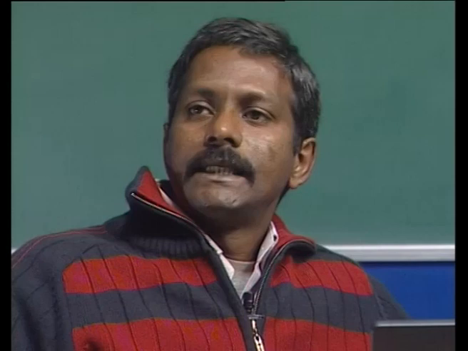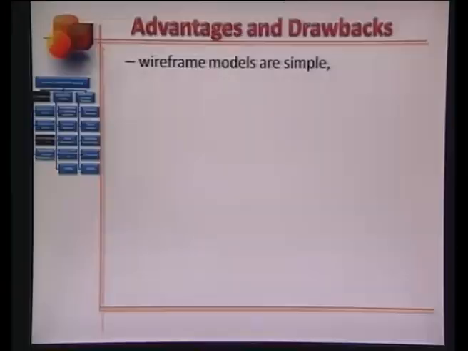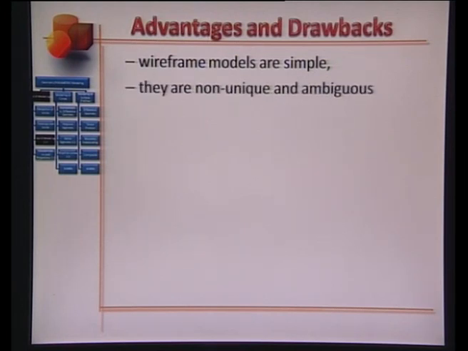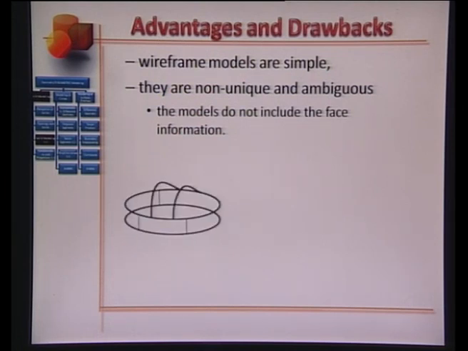There are a few advantages and drawbacks of the wireframe approach. Wireframe models are very simple, but they are non-unique and ambiguous. This is because the models do not include the face information. Consider this wireframe model.